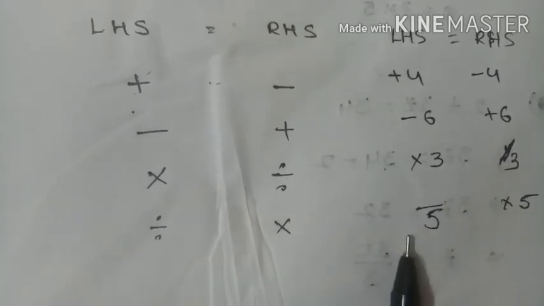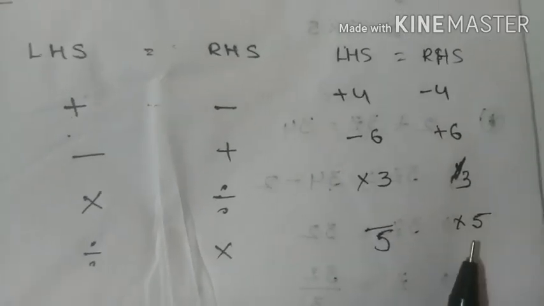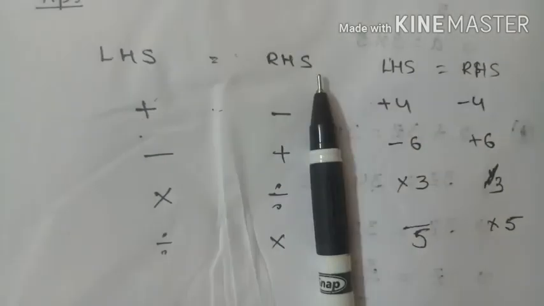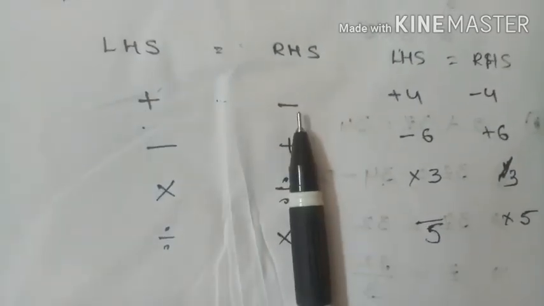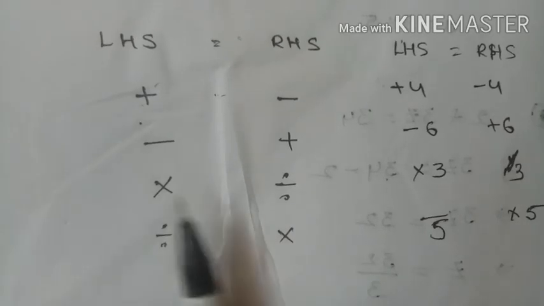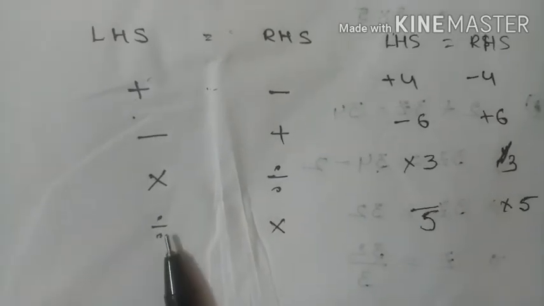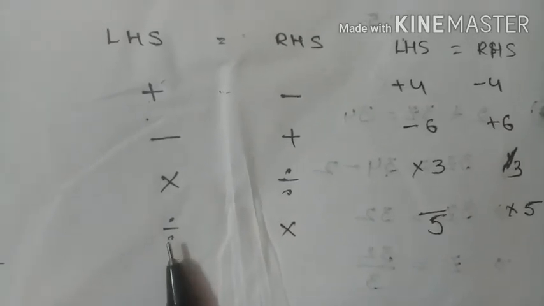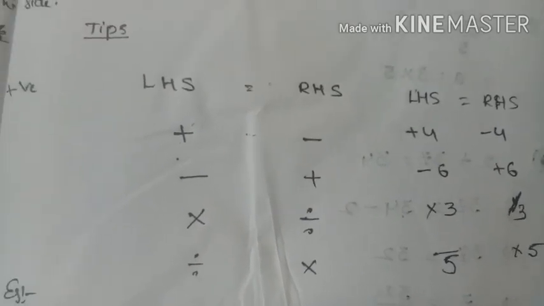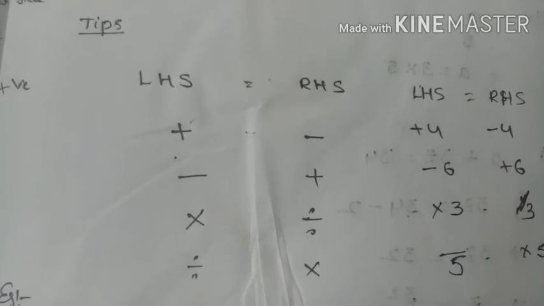So divided by 5 becomes multiplied by 5. Similarly, if you send from RHS to LHS, minus becomes plus, plus becomes minus, division becomes multiplication, and multiplication becomes division. Simply remember these tips, then you can do all the equation problems.